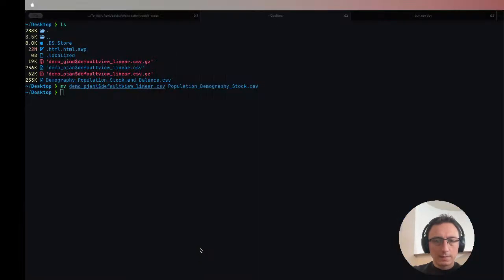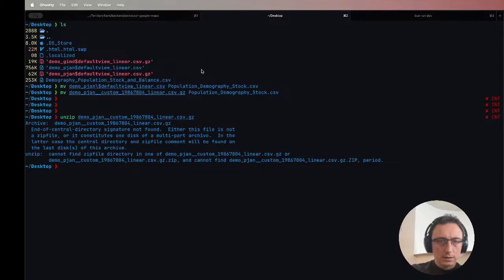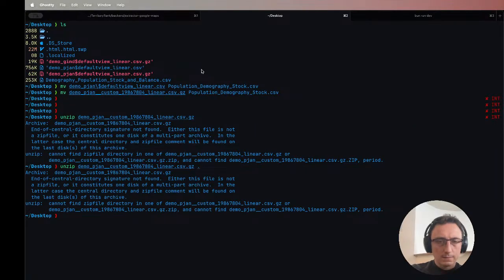Then once again we go into the browser and we move now. Before, I need to unzip, theoretically. Okay, I will unzip it.